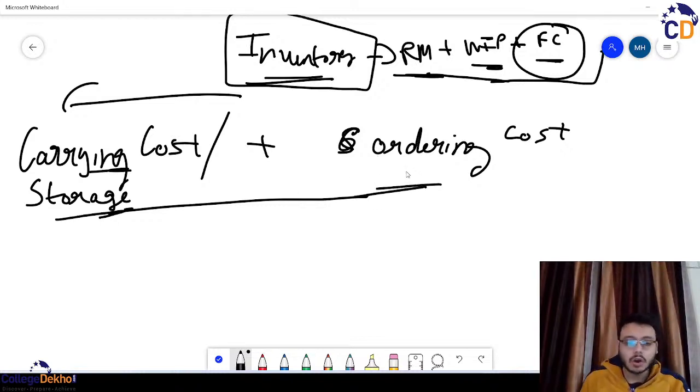So before going on to the calculations, we'll try to understand the differences between the carrying cost and the ordering cost. So what exactly is the carrying cost? Carrying cost is also called your storage cost. So it basically means that when you are purchasing inventories and storing those inventories in the godown, there is a cost associated with storage.